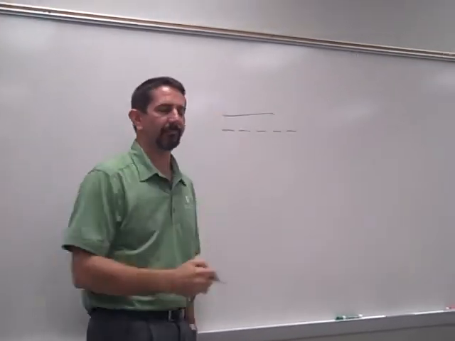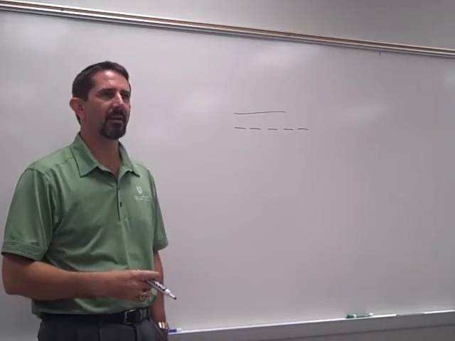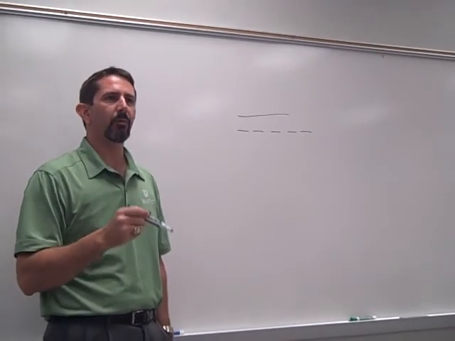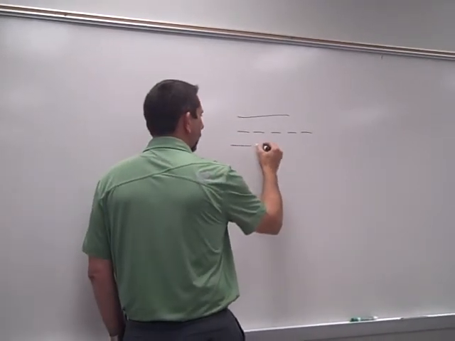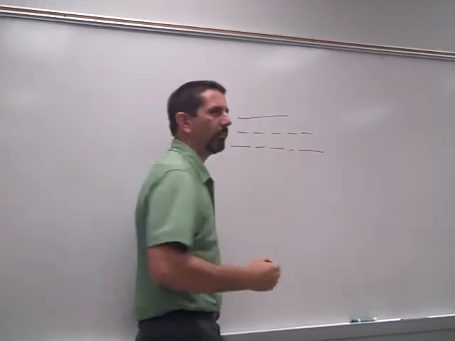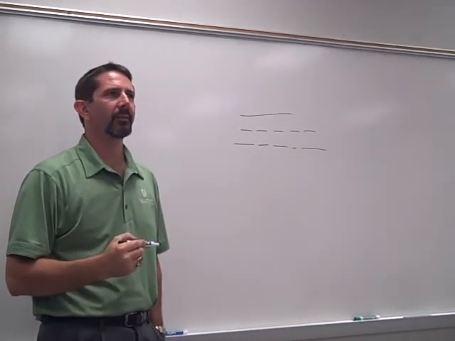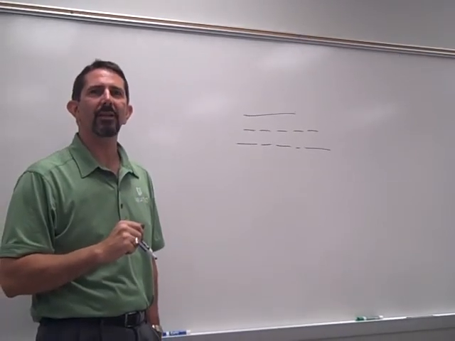The broken line. It is used for hidden dimensions, hidden lines. When it is a hidden line, it will be equally spaced. If I have one that is long, short, long, short, long, short, what is that used for? That is used for a center line.